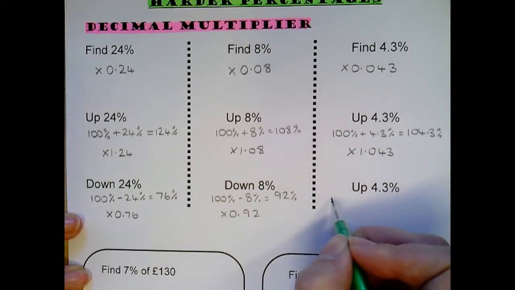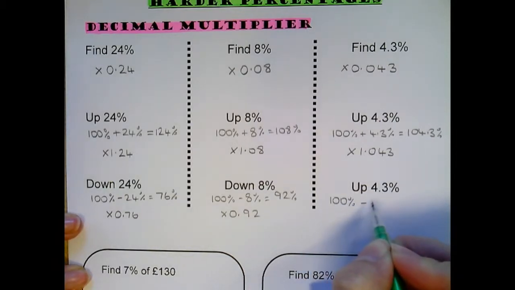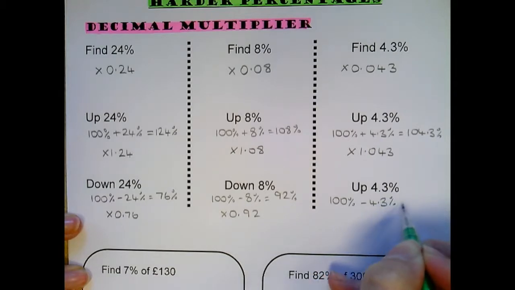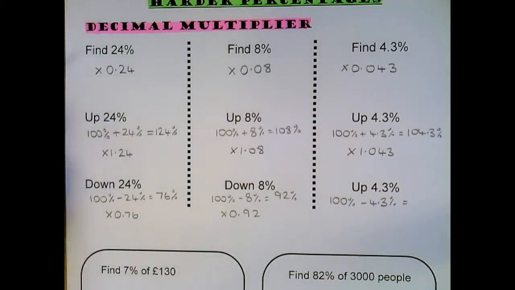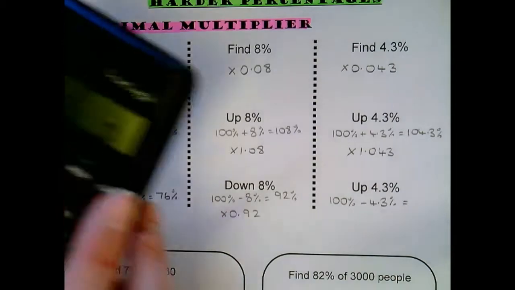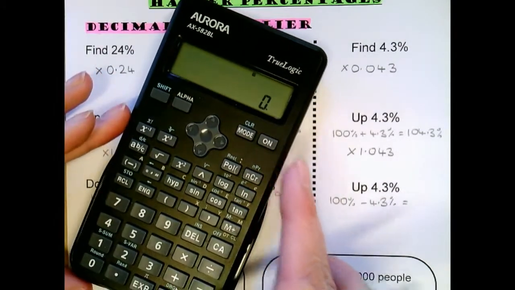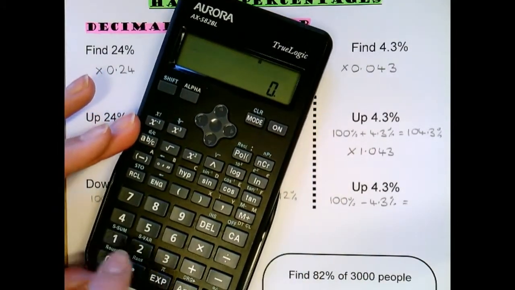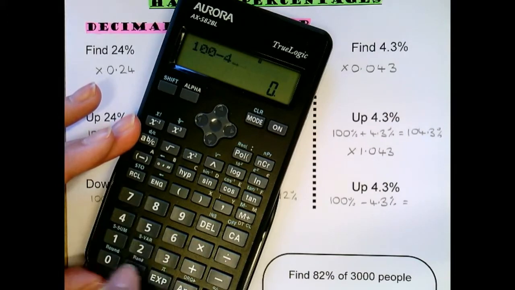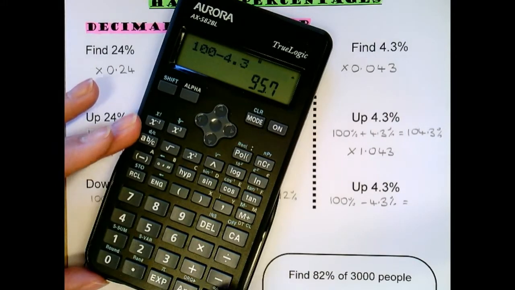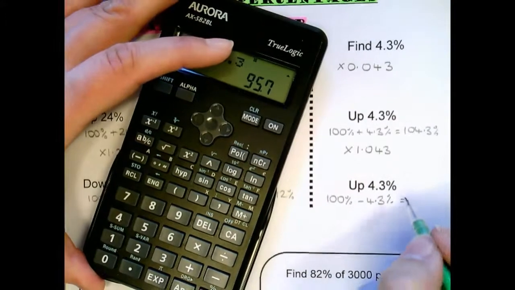Down 4.3%, you would do 100 take away 4.3%, and for ones like this, since most of the time you would be allowed a calculator, if you can't do 100 take away 4.3 in your head, use your calculator. So 100 take away 4.3 gets you 95.7%.